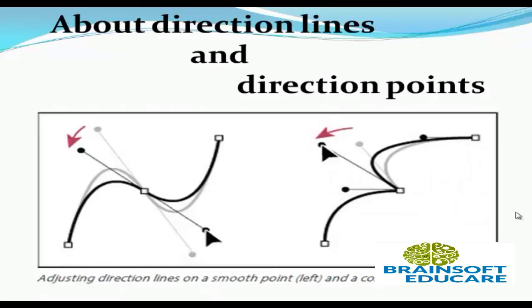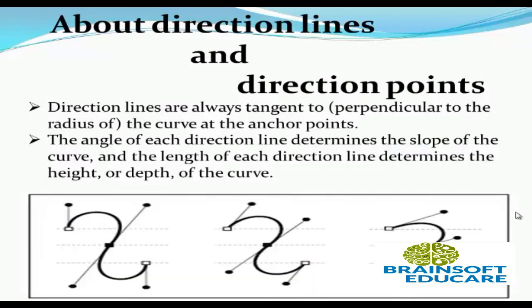This is the example of adjusting direction lines. Adjusting direction lines on a smooth point is given in the left diagram and on a corner point in the right diagram. Direction lines are always tangent to the curve at the anchor points.